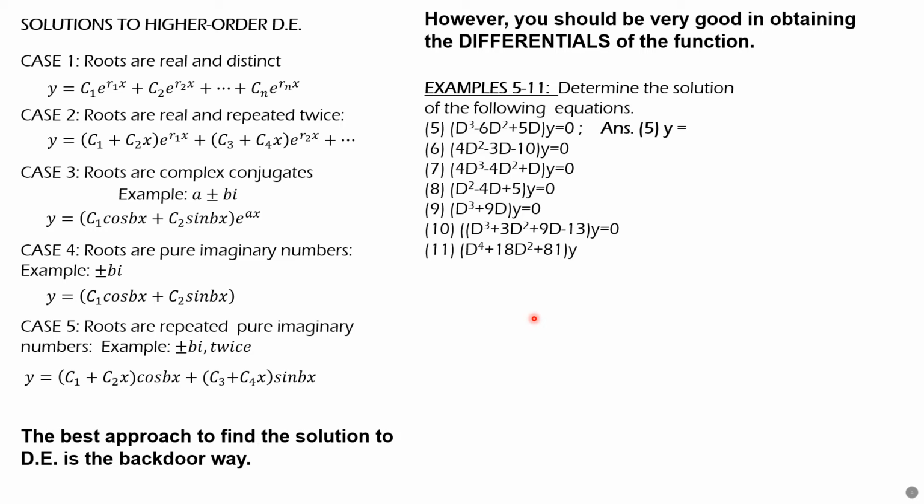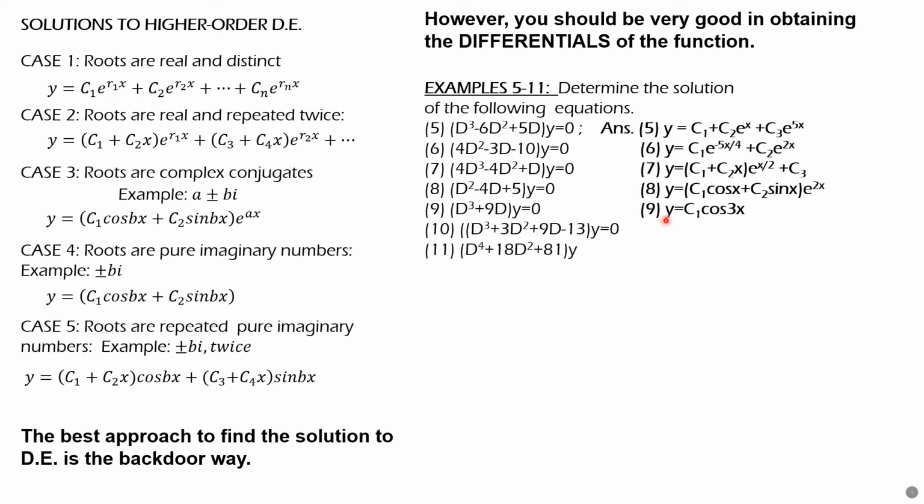For the solution, the answers, by the way, are provided. The answers may not be written in the form presented here. The constants may interchange position as long as the general form of solution would be the same.